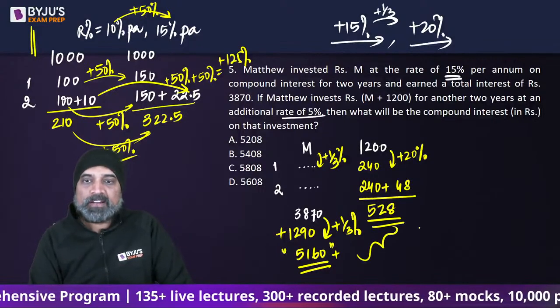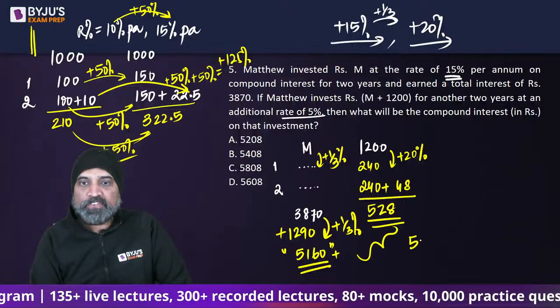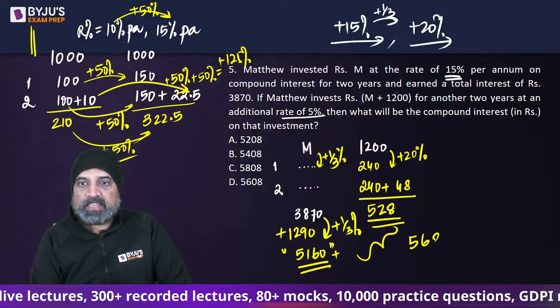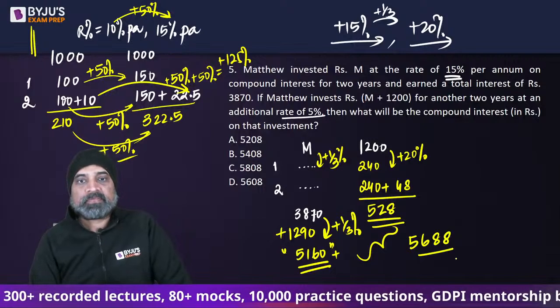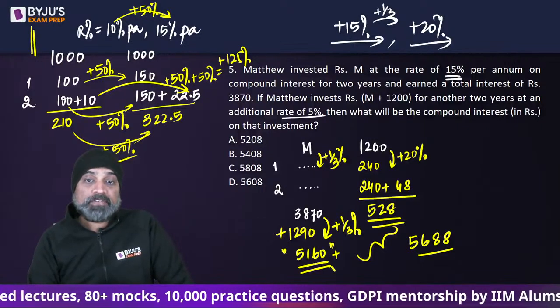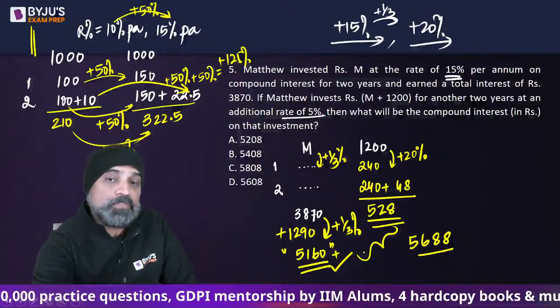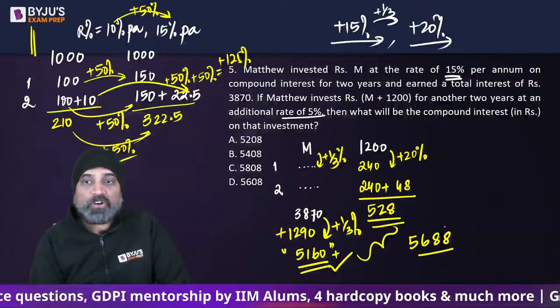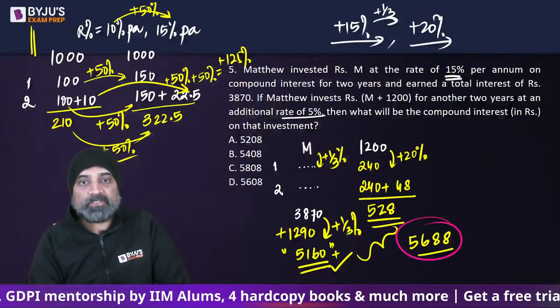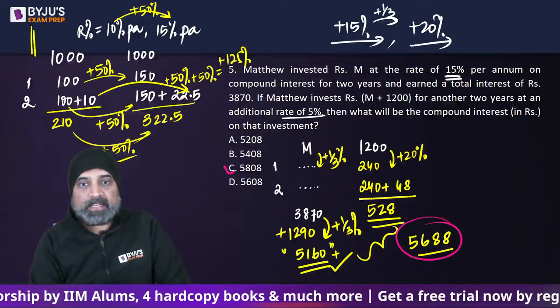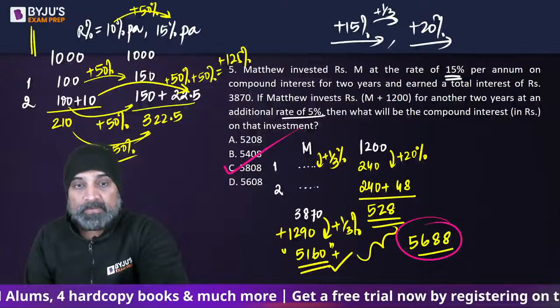So if we add both of these, we will get 5688. We know that our interest is going to be more than 5160 from just the M principal. And I am getting 5688 now, so it should be more than 5688 if we include both.